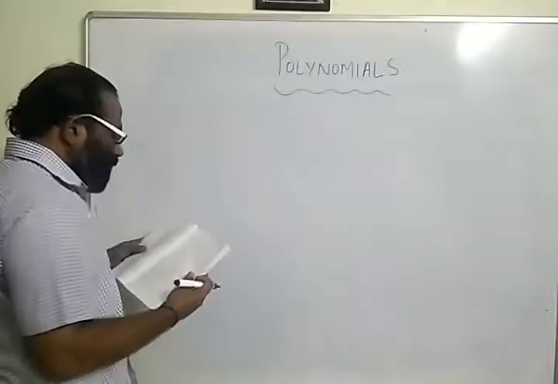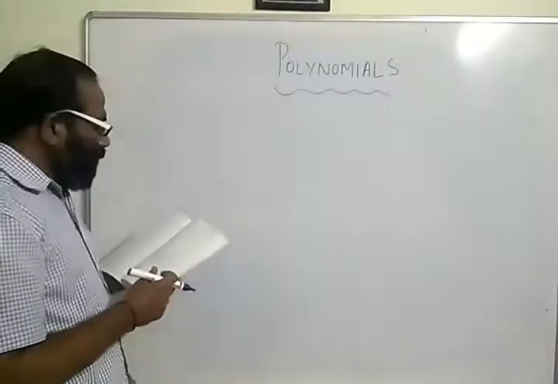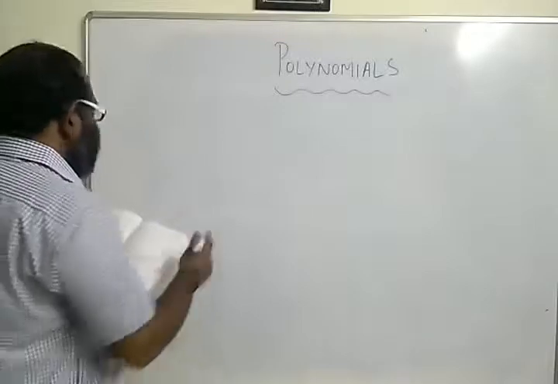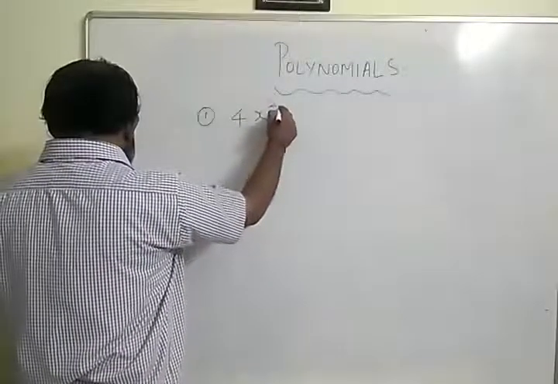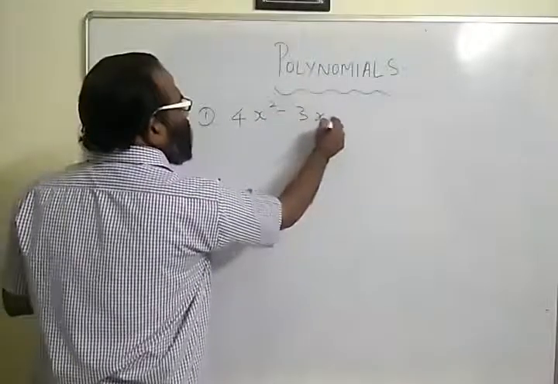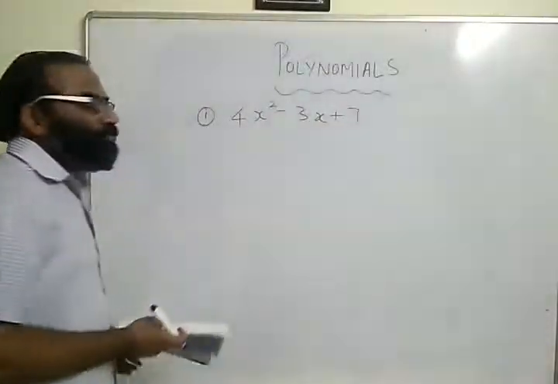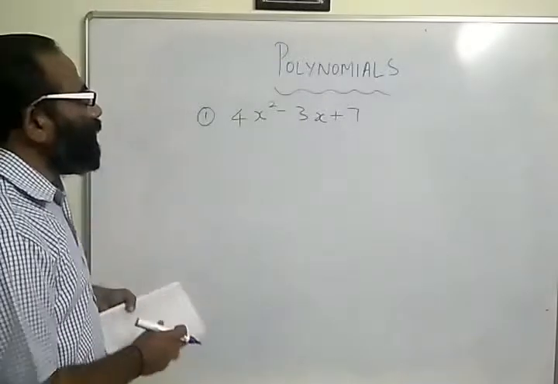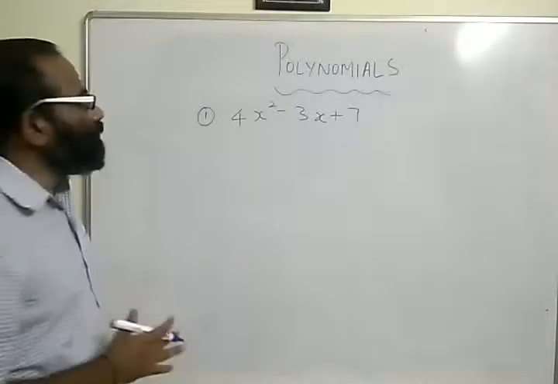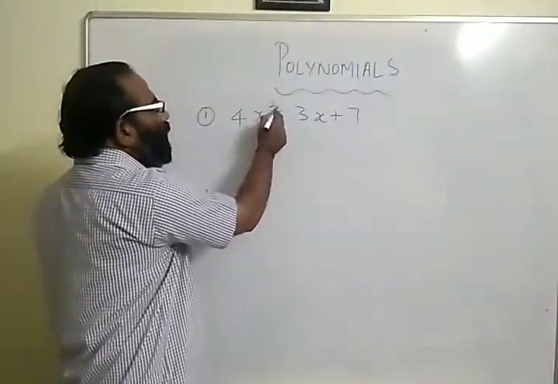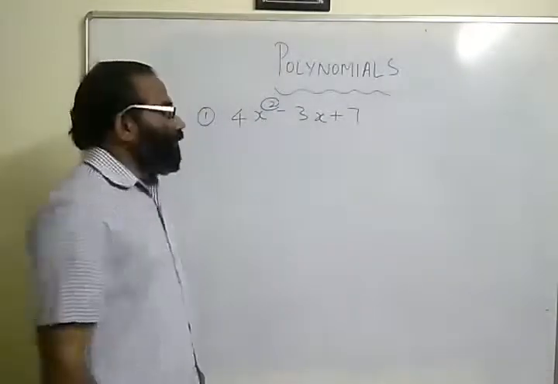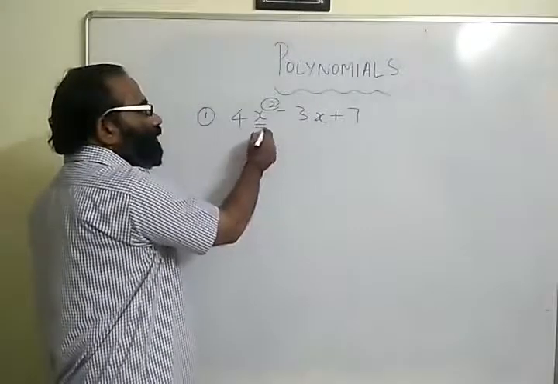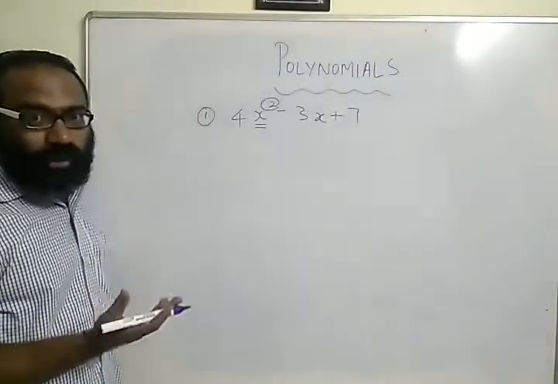Which of the following expressions are polynomials in one variable and which are not? Let us look at the first one, 4x squared minus 3x plus 7. First, let us see if it is a polynomial. What is the degree of this? The degree is 2, that is the greatest power. Is it in one variable or more than one variable?